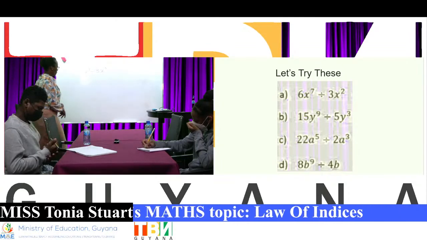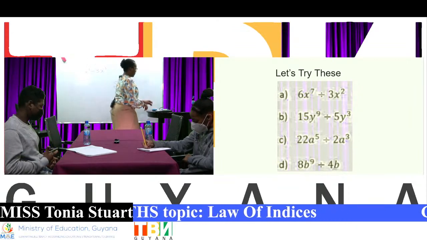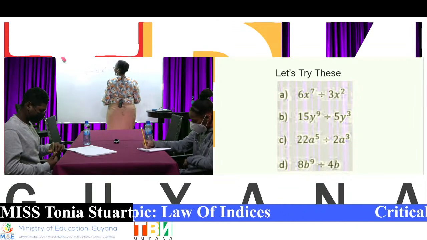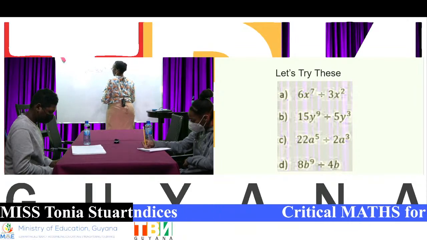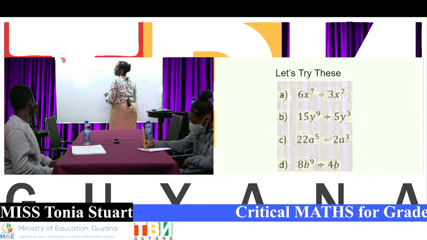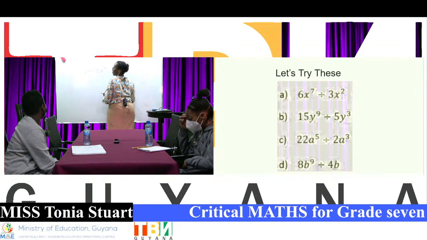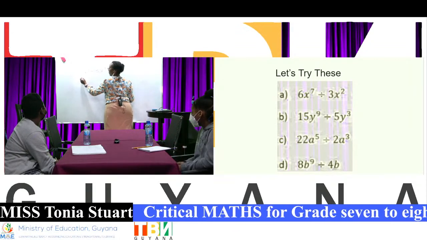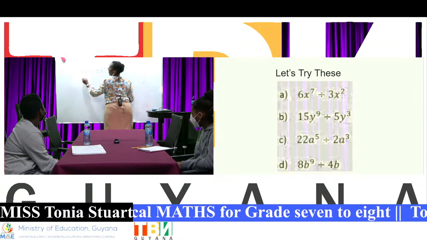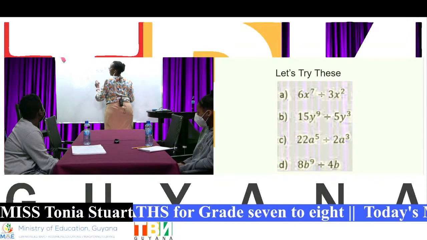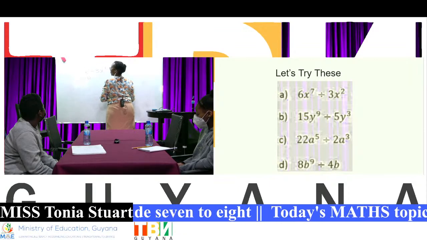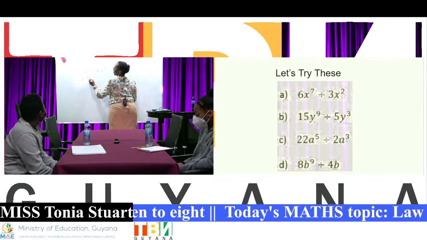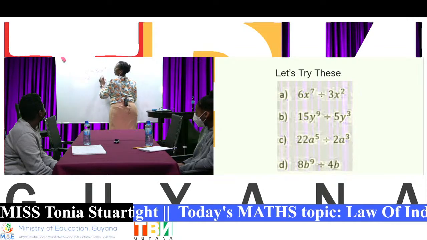Say aye if you're ready for me, Shamar. All right, great. Let's go. Okay, so first, since the coefficients are different, we have to divide them. So what do I write? 6 divided by 3. The variables, or is that the coefficient?